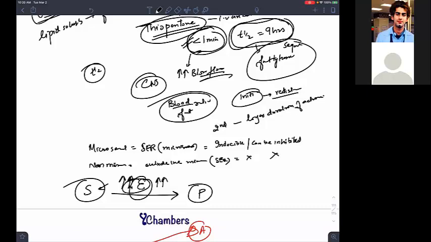That means 100 enzymes and 50 substrates. They will give you the products in less time. You don't need to wait for the reaction to happen for a long time.